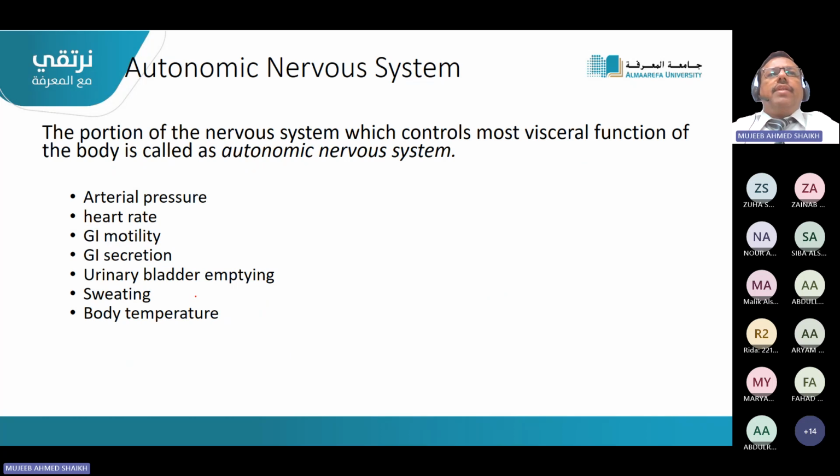Coming to the definition, it is the portion of the nervous system which controls visceral activity, most of the visceral function.